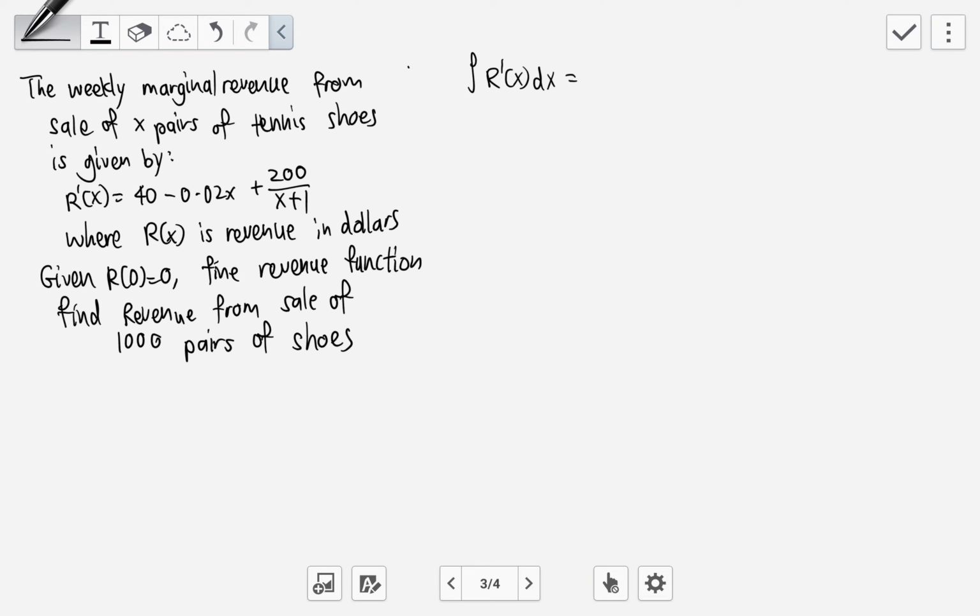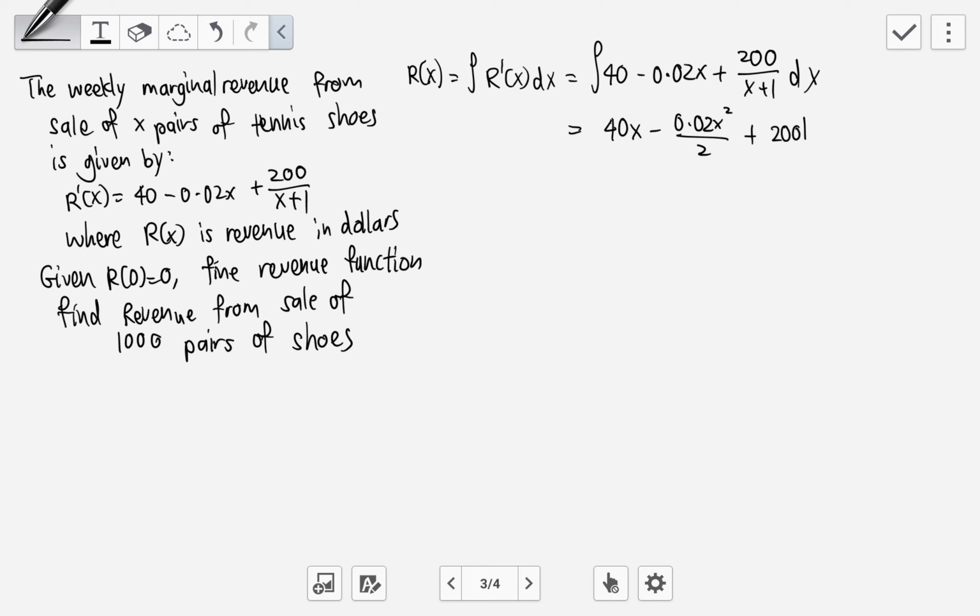That means I'll integrate 40 minus 0.02x plus 200 over x plus 1 dx, and this will give me 40x minus 0.02 x squared over 2 plus 200 ln(x plus 1) plus c, because when I differentiate this it will give me 1 over x plus 1, and we'll have 200.